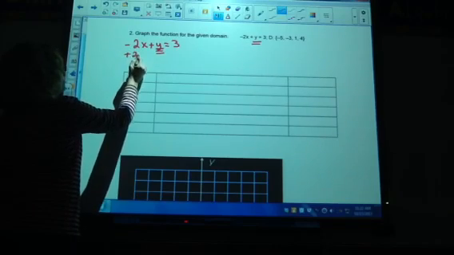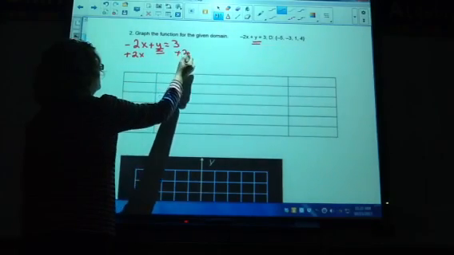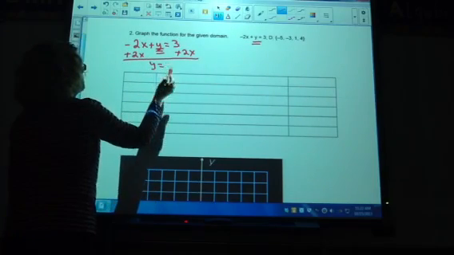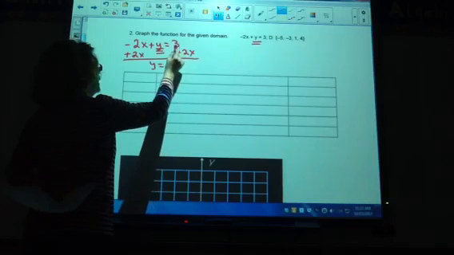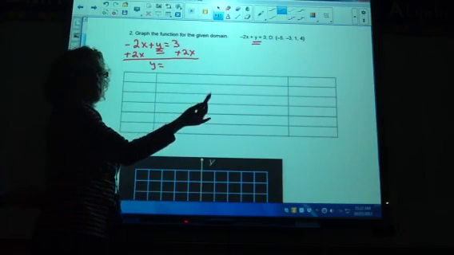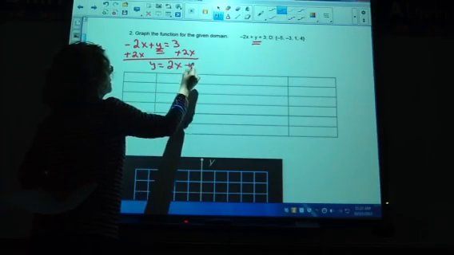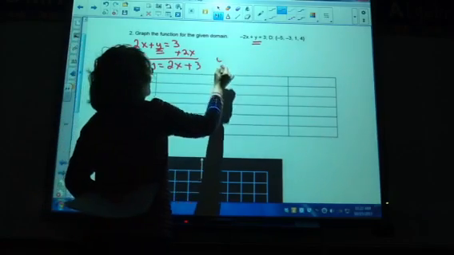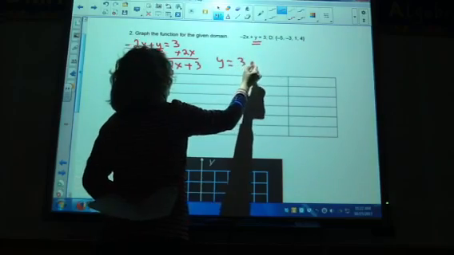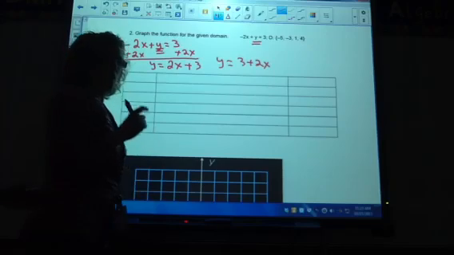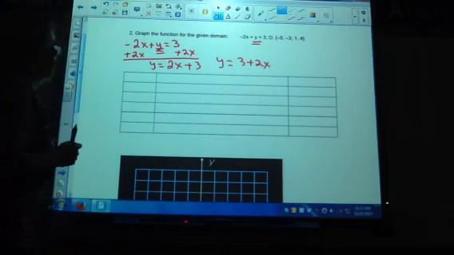We need to add 2x to both sides. So this cancels out to y. Over here, I can't say 3 plus 2x is 5x because they're not like terms. So I have 2x plus a positive 3. Now if you want to write y equals 3 plus 2x, you may, but I'm trying to get it in slope formula form so you all get used to it. When we get to chapter 4, it'll be a little bit easier for you, okay?